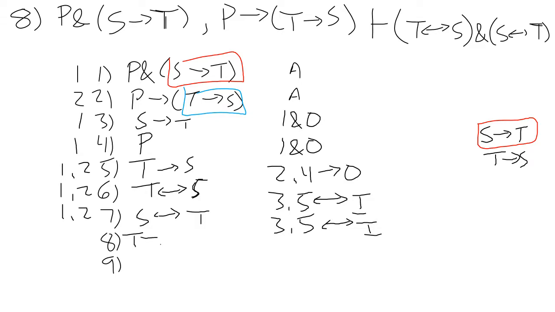Then all we've got to do is ampersand them together from, looks like, 6 and 7, ampersand in, 1 and 2. Don't need 9. So pretty easy. We just had to derive both the biconditionals and then ampersand them in.